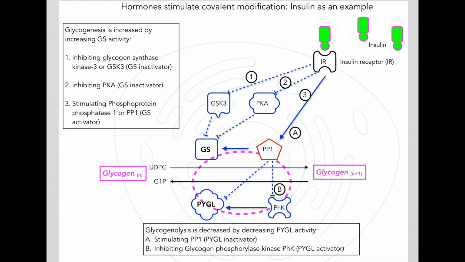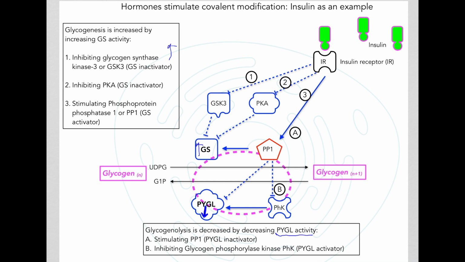So while glycogen synthesis increases, this enzyme activity increases, insulin will also at the same time decrease glycogen breakdown. It will decrease the activity of glycogen phosphorylase. So how does it decrease the activity of glycogen phosphorylase?